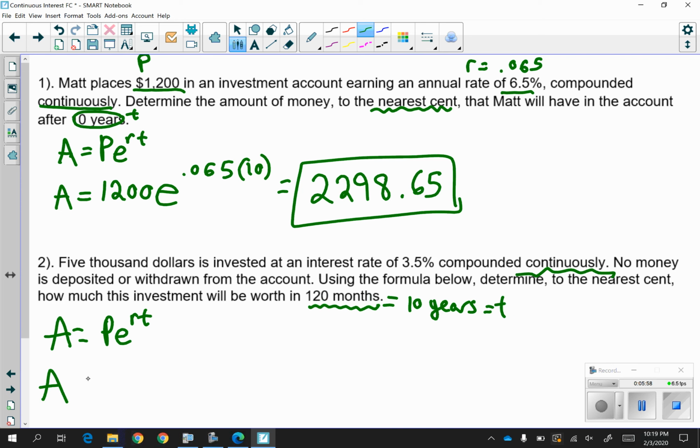So we have A is equal to the 5,000 that we are initially putting in. We have the value of E to the 0.035, and our T is the 10 years.